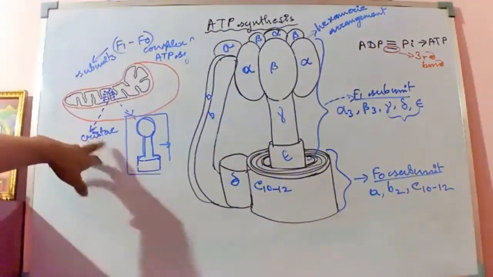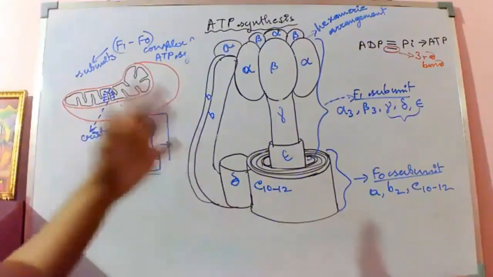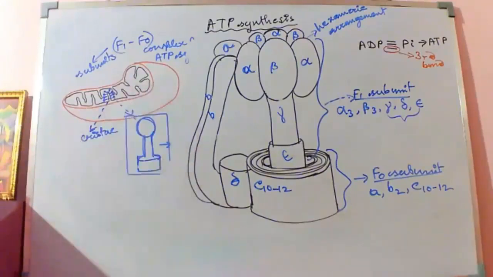The cristae are actually folds of the innermost membrane of mitochondria. This whole F1 F naught complex is attached to the cristae. So what is the function of all of this? First I will segregate the function into two major complexes, that is the F1 complex and the F naught complex.